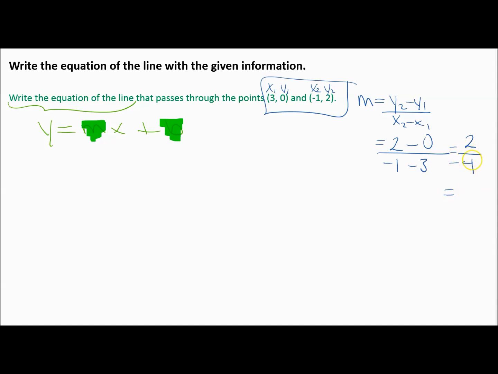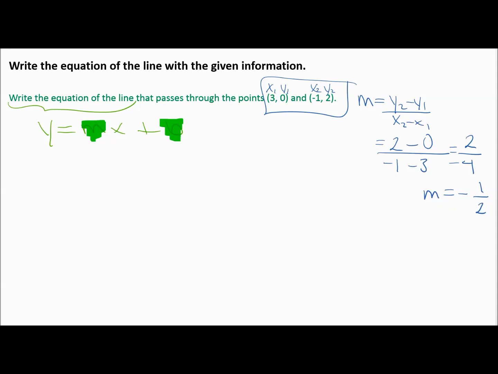Simplify your fractions always to lowest terms, and a positive divided by a negative is overall a negative. And again, 2 and 4 reduce because they both can be divided by 2. So 2 divided by 2 is 1. 4 divided by 2 is 2. So now I have a slope.